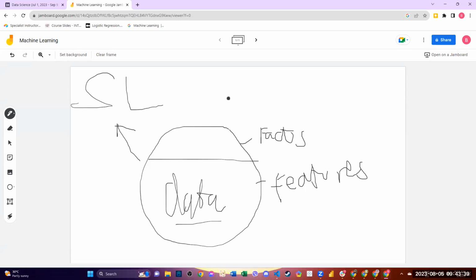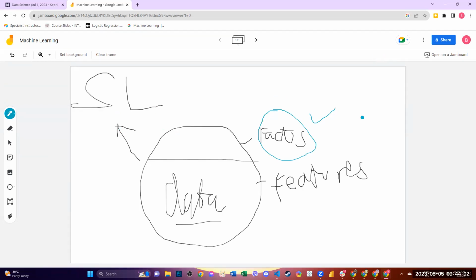So in simple terms, in a supervised machine learning technique, you provide facts. This is an important feature of supervised learning.